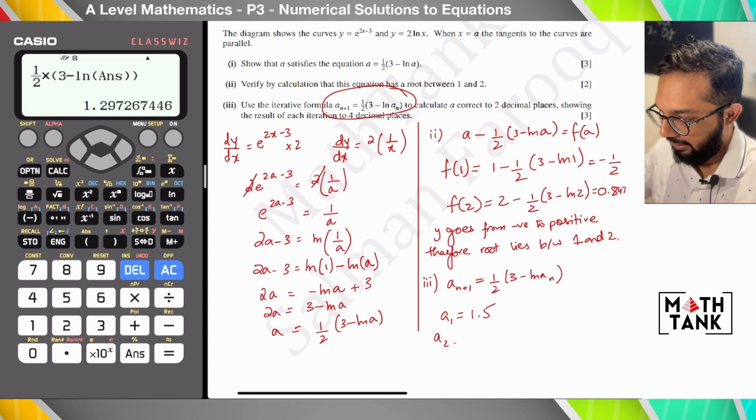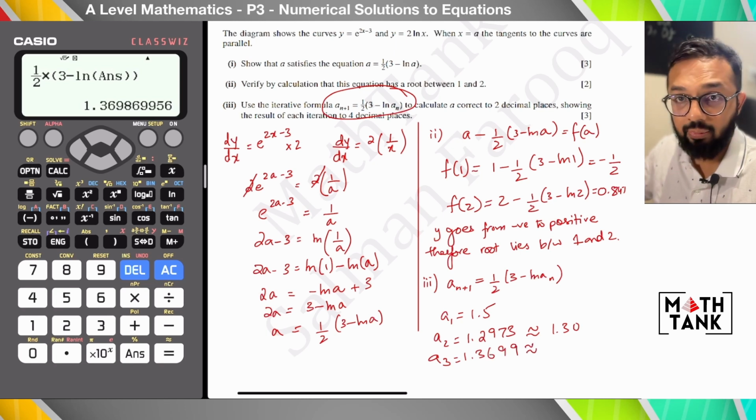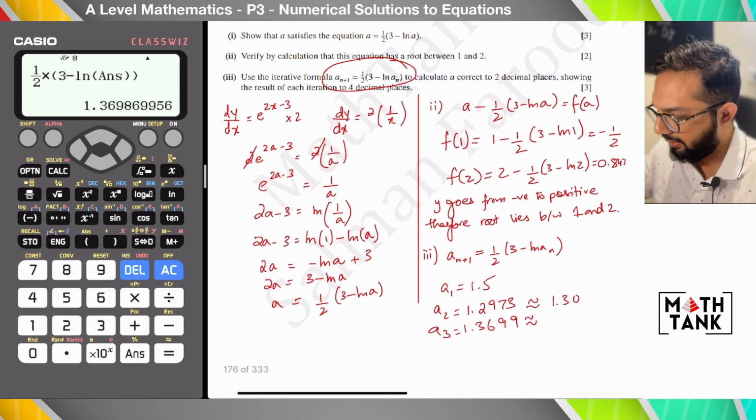So I get a2 as 1.2973, 1.30. I press another equals and get 1.3699. I'm following the requirements of the question, 4 decimal places and 2 decimal places, so I get 1.37.